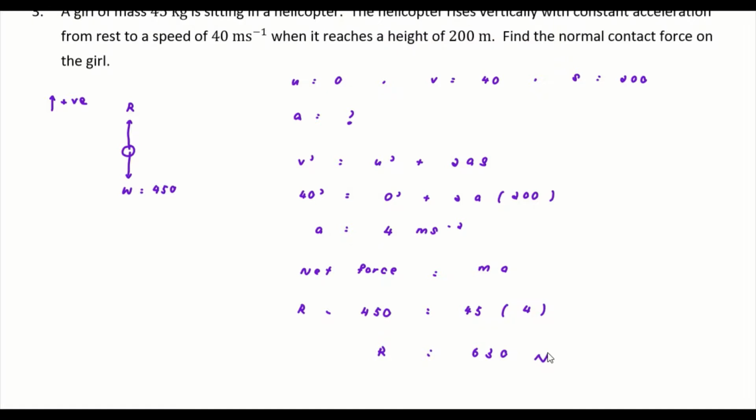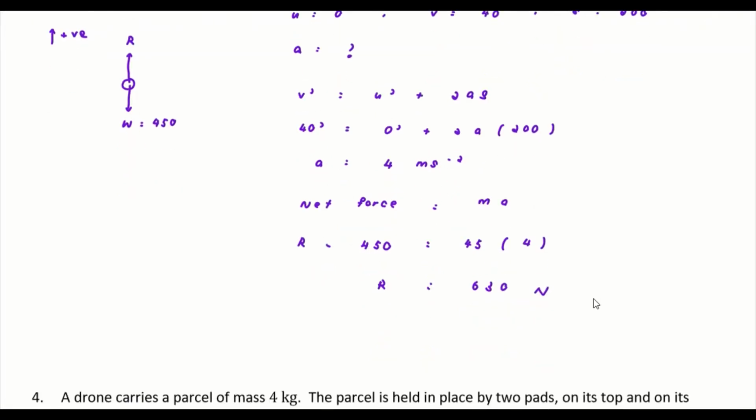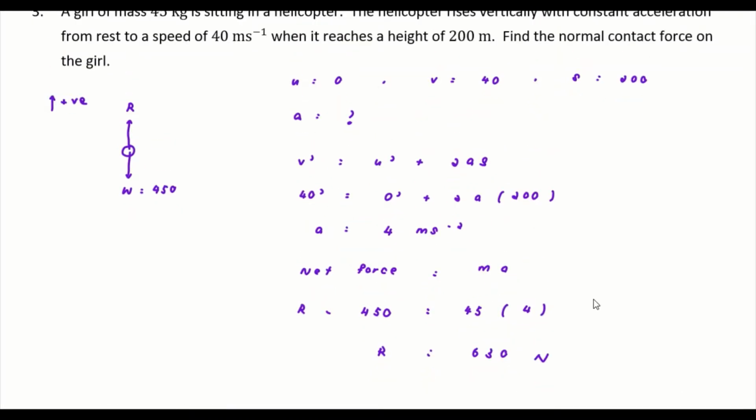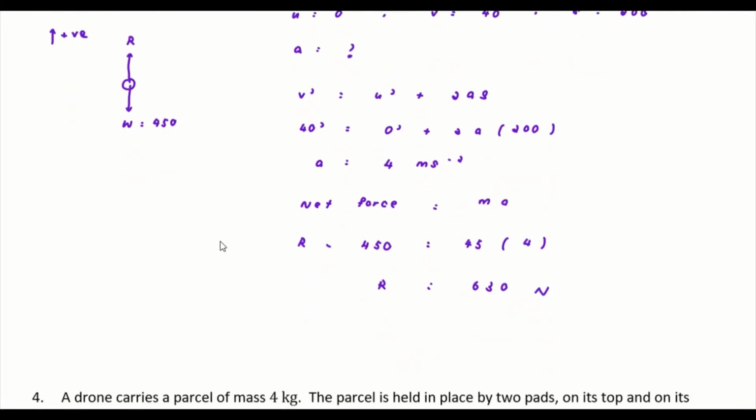Okay, that's right. So that's the answer for number one. I think this is pretty easy. What is important, like what I said, is the direction. Make sure that after you denote this, your force should be according to this as well. So if going up is positive, the force going up will be positive also.